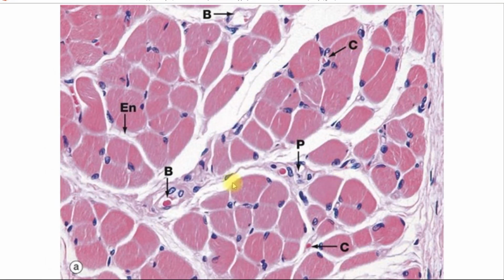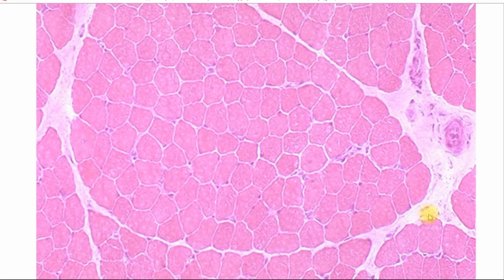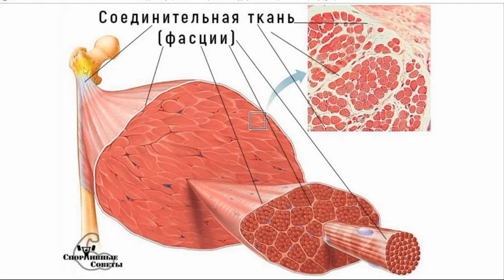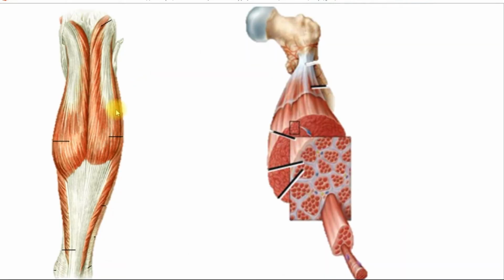Here we can see muscle bundles inside endomysium, and between them there is perimysium, and the entire muscle is covered with epimysium. The entire muscle is also covered with fascia, dense fibrous connective tissue.